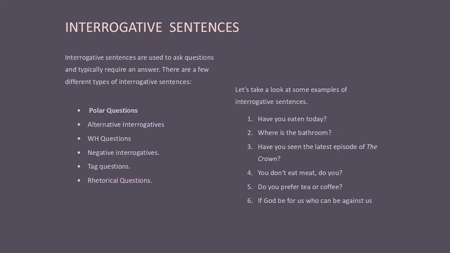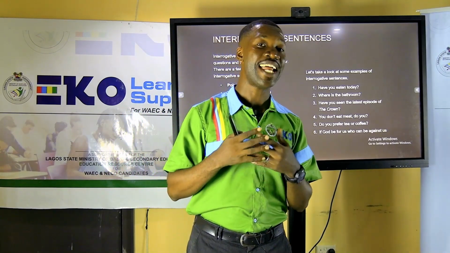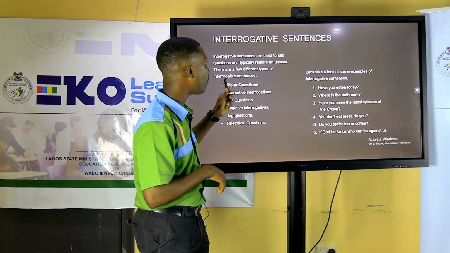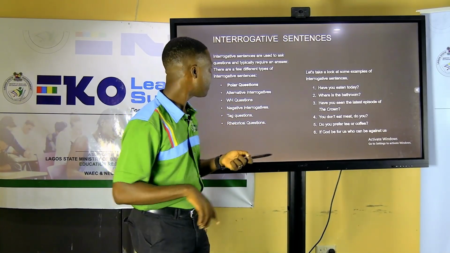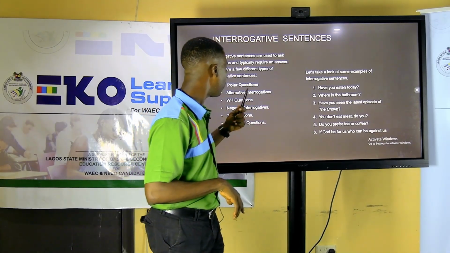The first type of question we have is the polar questions. These are questions that require you to answer either saying yes or no. They are also part of our interrogative sentences. We also have what we call alternative interrogatives.